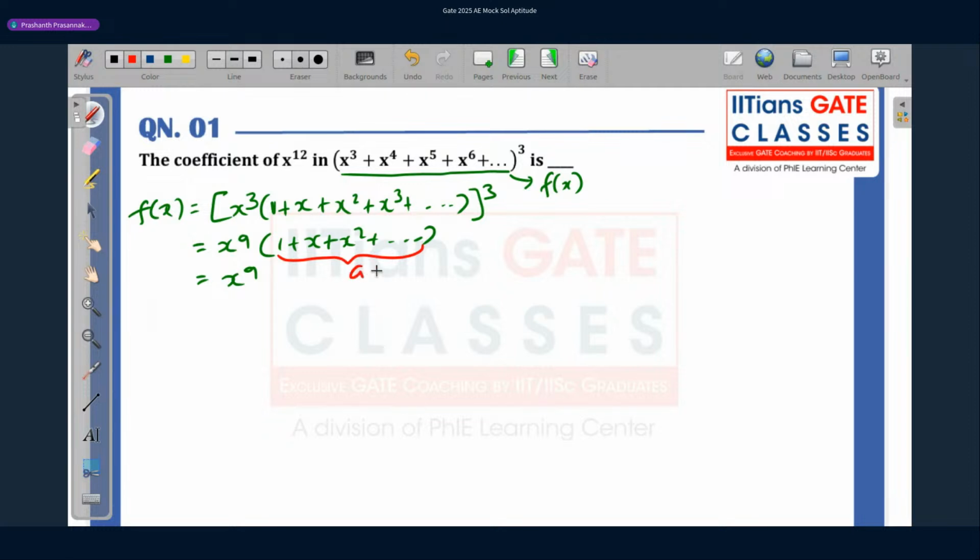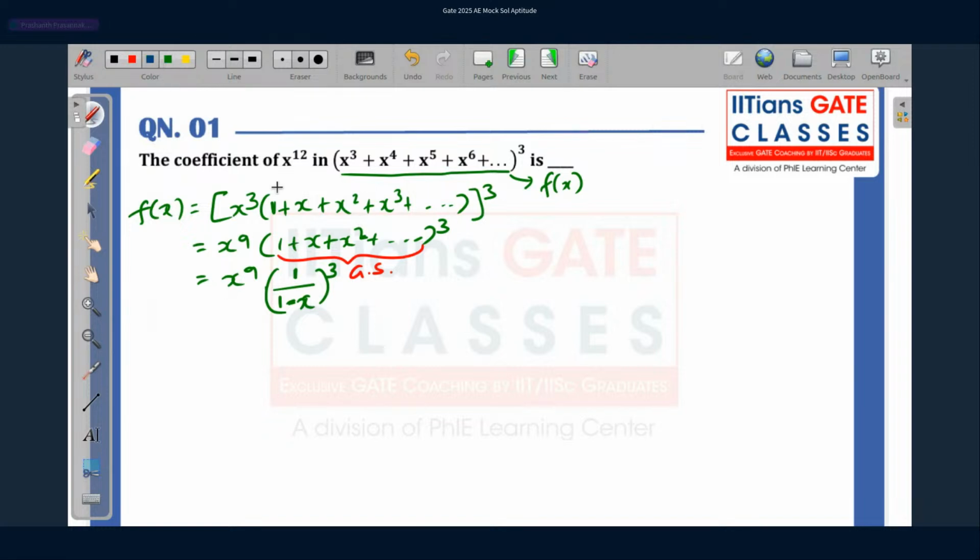It's a geometric series. The common ratio is x, and the first term is 1. I forgot to mention the cube. So inside the cube, the geometric series is there. So that will come to 1 over 1 minus x, and that too, the whole cube.